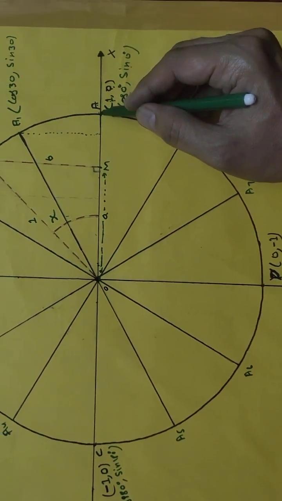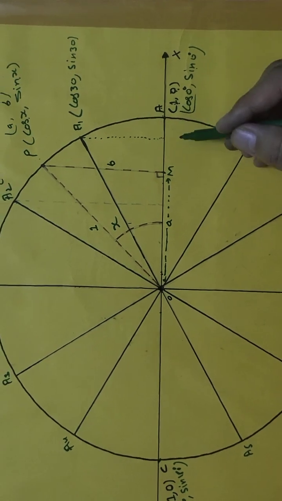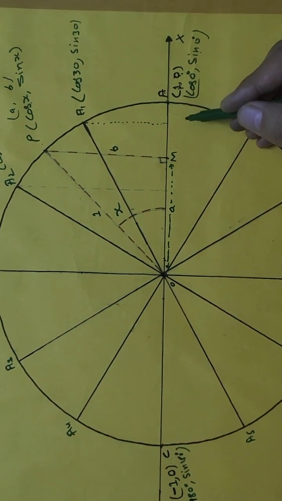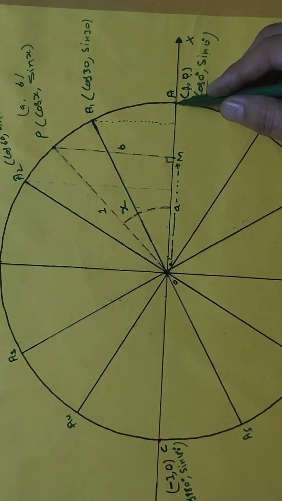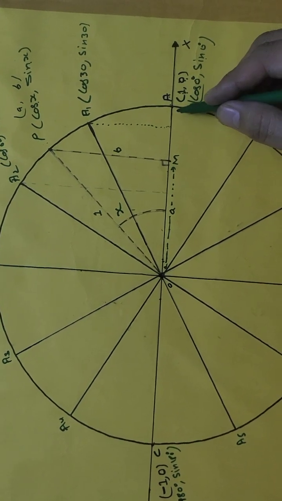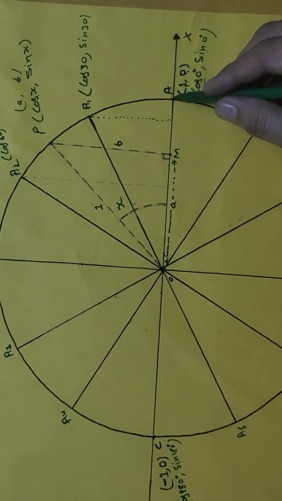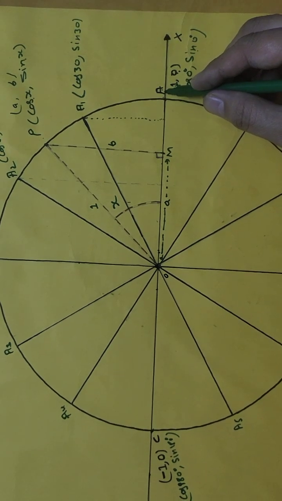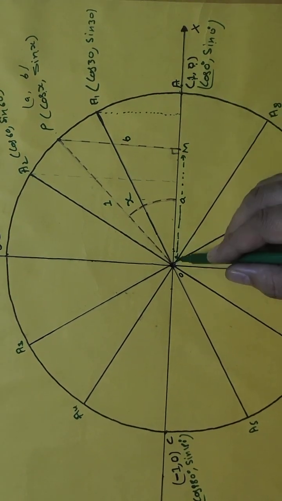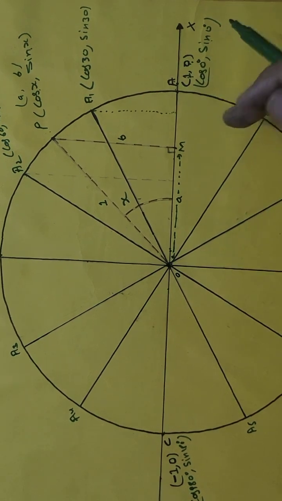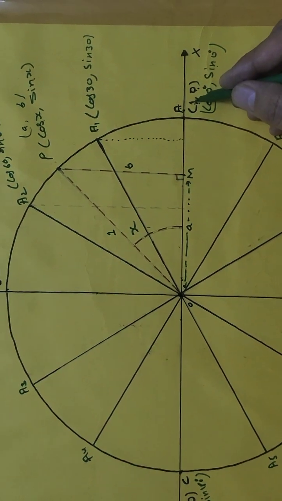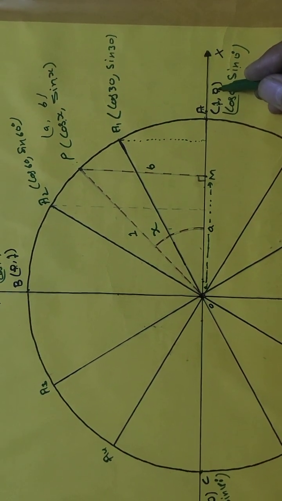And you all know that coordinates of a point are always described by x comma y. So now tell me the coordinate of point A. Since this distance from origin is 1, the x coordinate is 1 and y coordinate is 0.